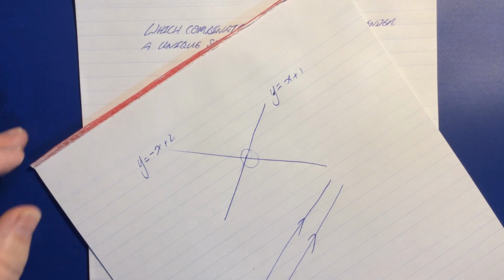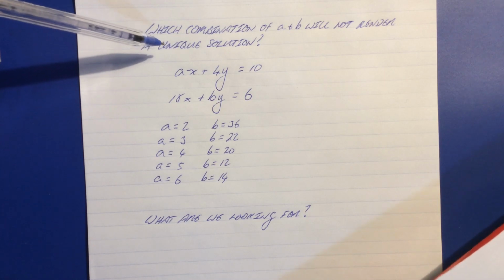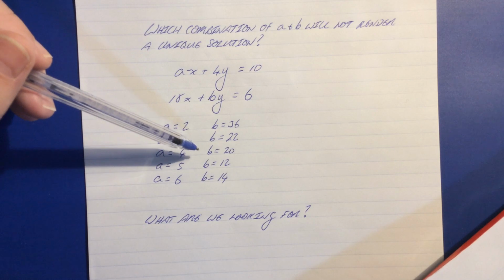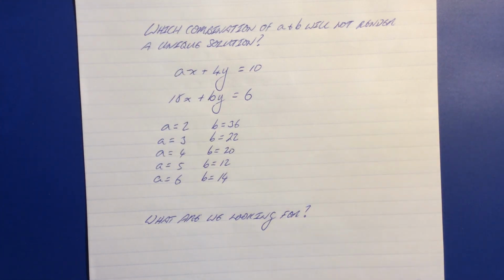So what we're looking for when we come to this is one of the combinations for which there isn't a unique solution. Where there isn't a unique solution, we've got one of two things.